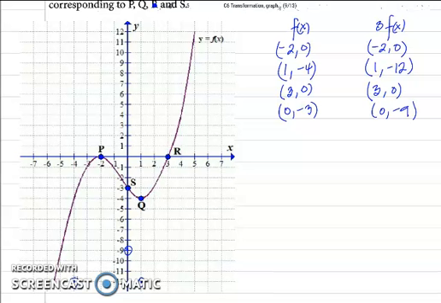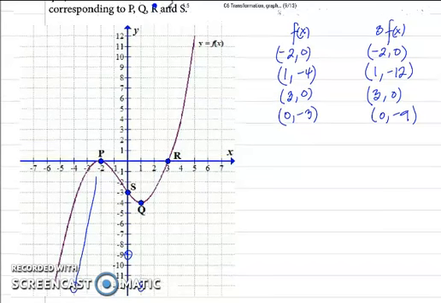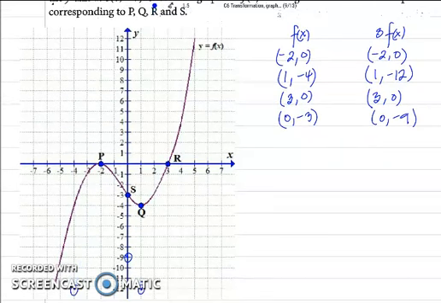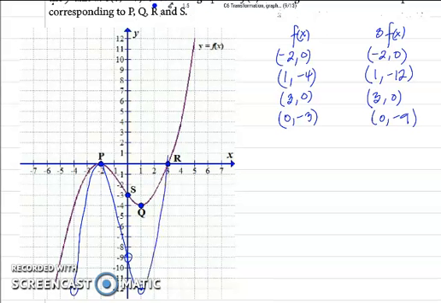So let's see, try and do the best we can. All right, that's not going so well. So let's do it over. All right, so we have the graph of y = f(x).